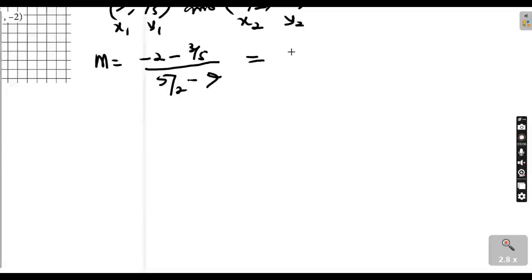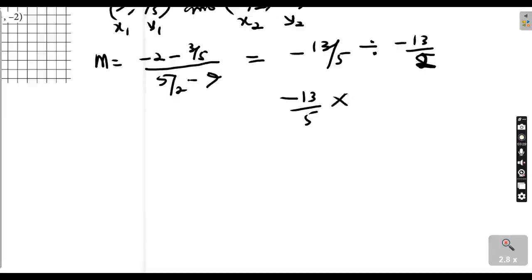-3/5. That will be -13/5 if you convert to improper fraction, divided by, this is 2 times 9, that is 18. 5 minus 18, that is -13. We have -13/5, -13/2 rather.